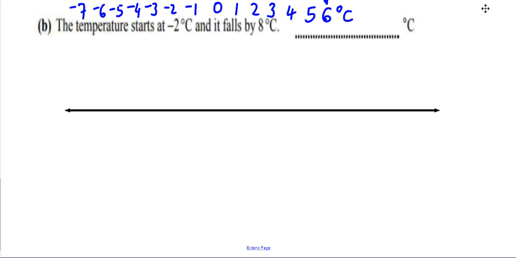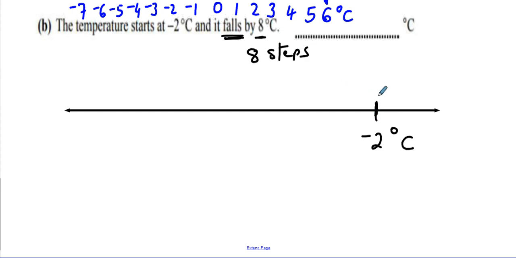This time the temperature is here, -2 degrees centigrade, and then it is falling. The temperature is falling, so we have to move from here. It is falling by 8 degrees. So by 8 degrees means 8. How many steps have you got? You have to go 8 steps. 8 steps from where? 8 steps from -2.